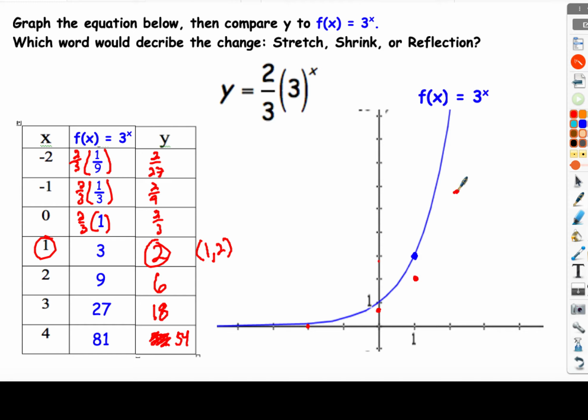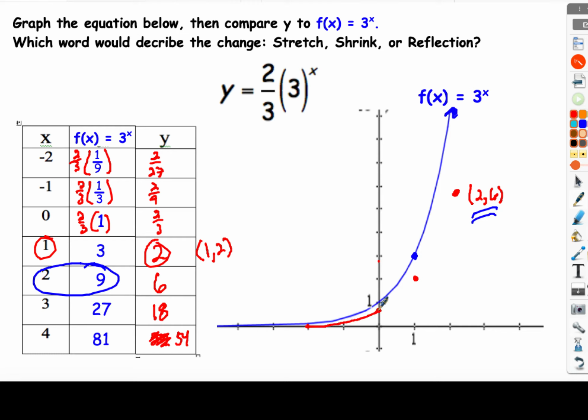Right about here, this would be the point 2, 6. Whereas on my original graph, this would have been way up top there. In fact, off our graph, where we used to be at 2, 9, now we're at 2, 6. So that red line is just going to coast right underneath the blue one.